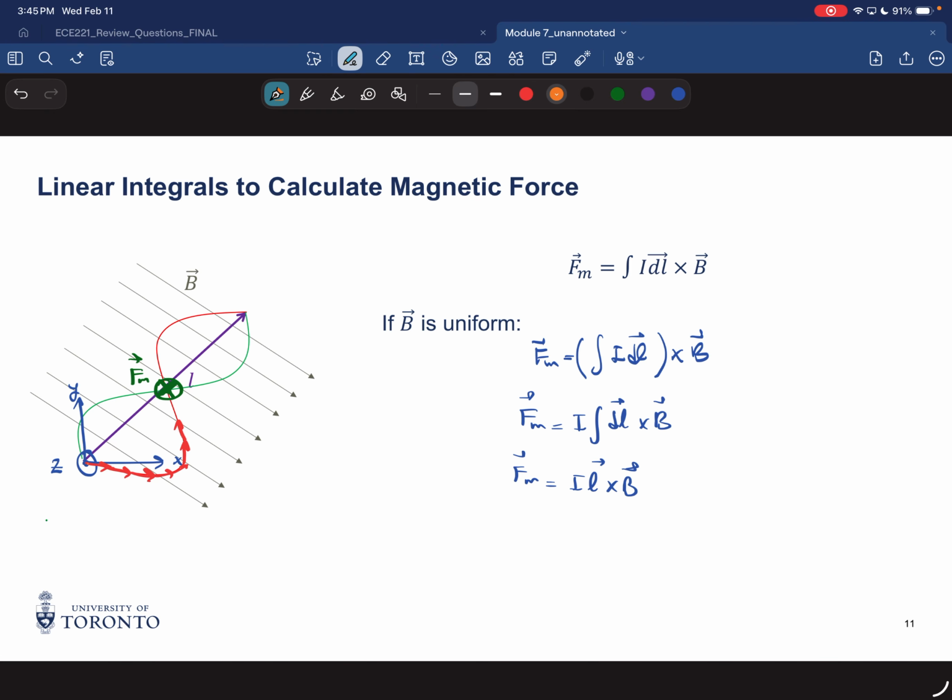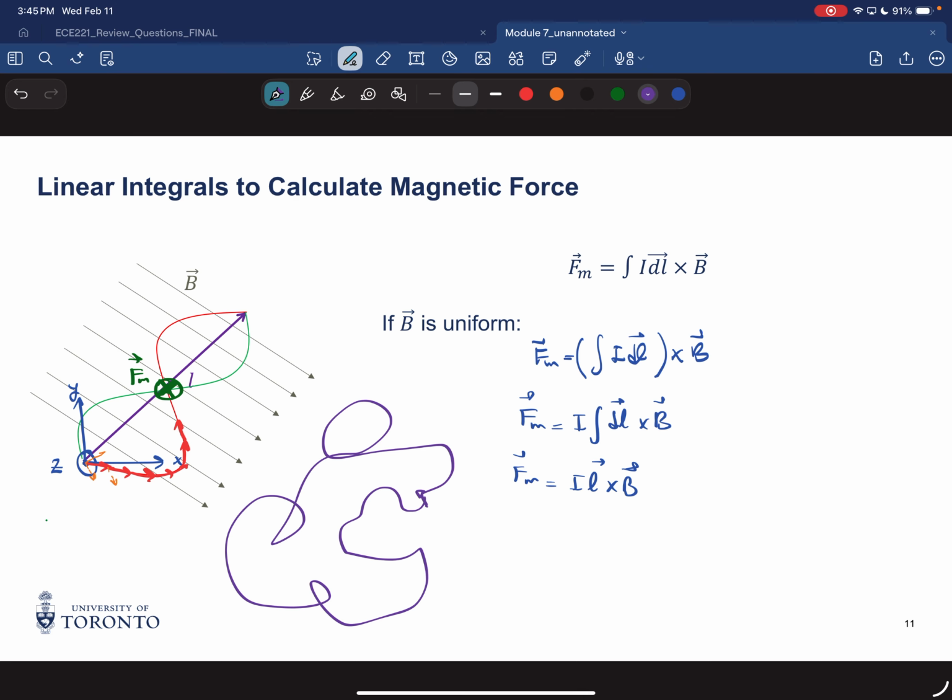You would end up with the shortest path, which is that straight line from one point to another. So again, if I tell you to find Fm on this current loop, okay?